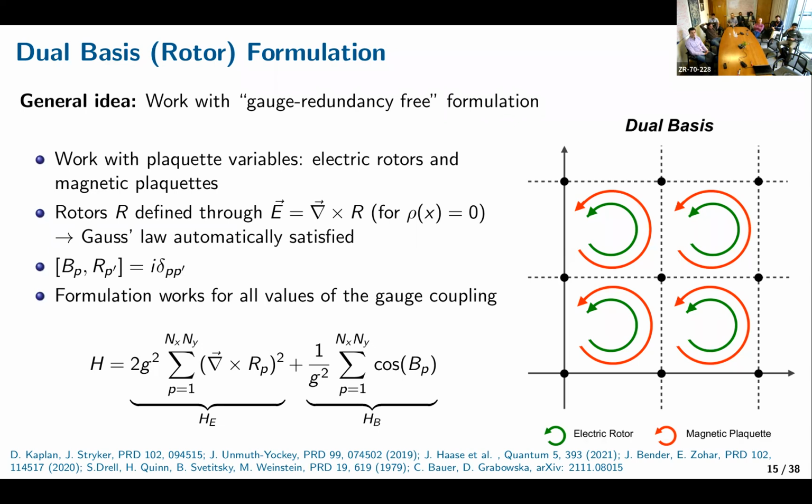And so you have an electric Hamiltonian and a magnetic Hamiltonian. And we have cosines of magnetic field operators here. So this G here is also the gauge coupling, just something to know going forward. Right, but so this formulation satisfies all of the local constraints automatically, just because we've written our rotors like this.